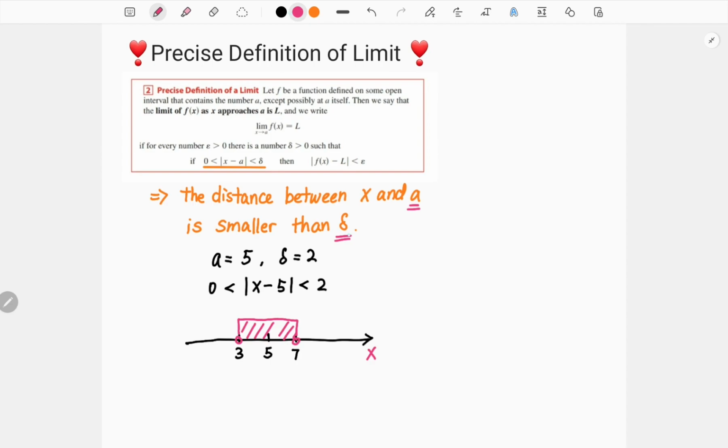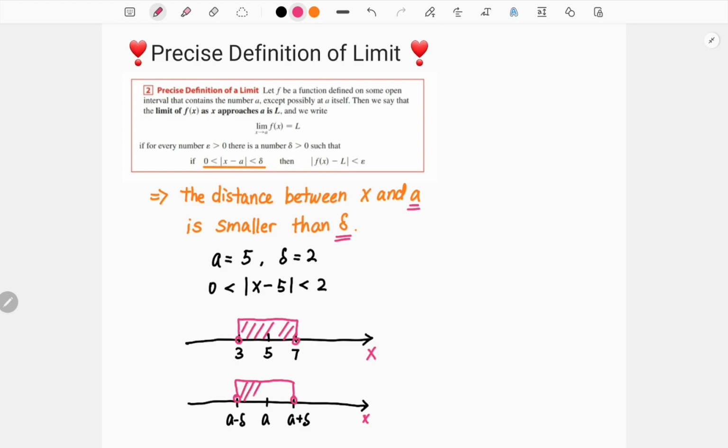Okay, then what if we use a and delta in the x-axis to give it a more general solution? Then we would have your a is here, this is a plus delta, this is a minus delta, and your x value is in between a minus delta and a plus delta.